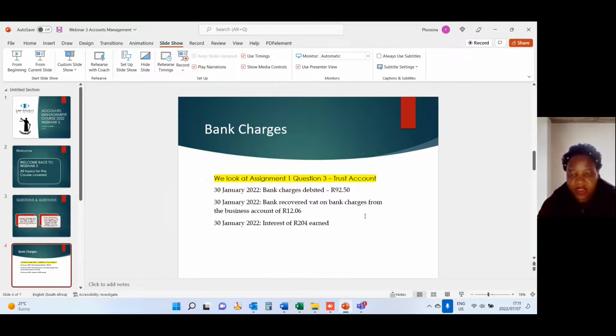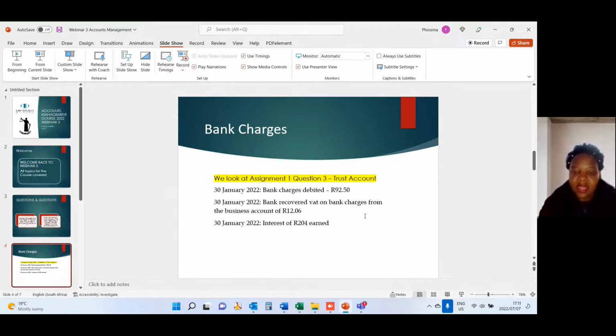So in the 92.50, they've already included VAT. Which means if they debit 92.50, they've taken VAT from trust funds, which they are not supposed to take.